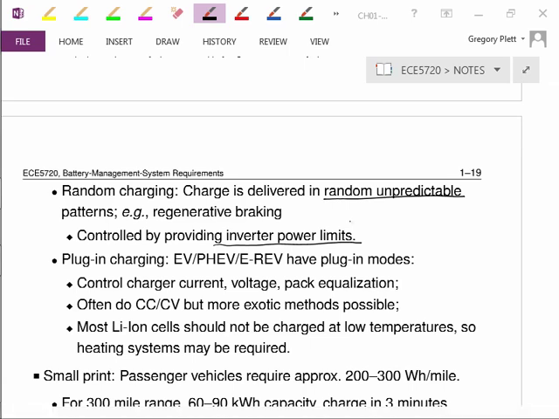And together they figure that out such that the power limits that we dictate are not broken, and so we don't overcharge the battery. That's how we can control that. So we're going to look at power limits. It's going to be the topic of Chapter 6 and part of Chapter 7. We'll mention it later in this chapter also, but that's kind of a big deal.